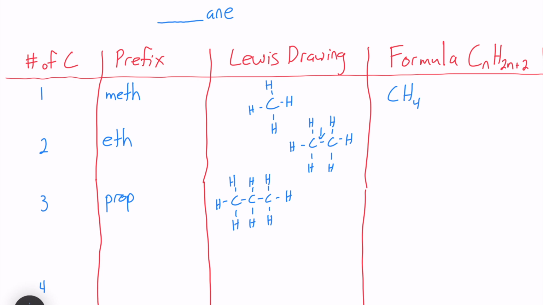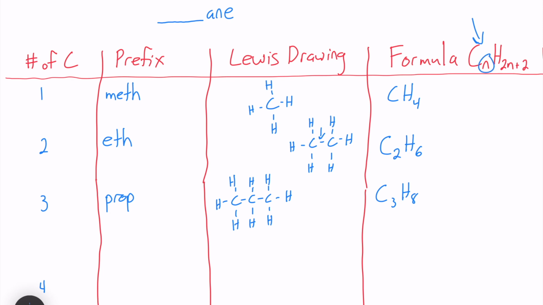We should fill out the formula for both ethane and propane as well. So we have 2 carbon for ethane, and we have 6 hydrogen. And for propane we have 3 carbon and we have 8 hydrogen. Just a quick tip here. Just beside formula, I have CnH2n+2. That's how we can figure out the amount of hydrogen in an alkane.